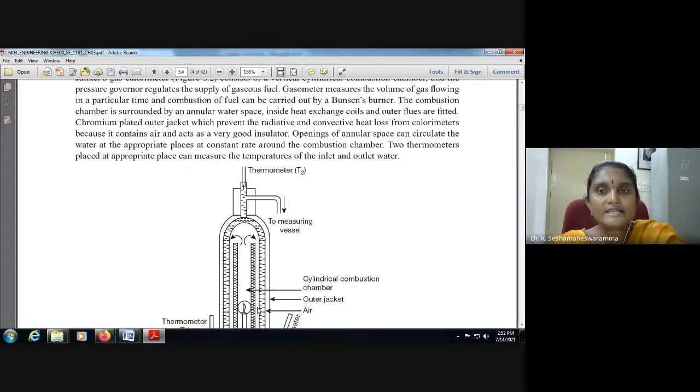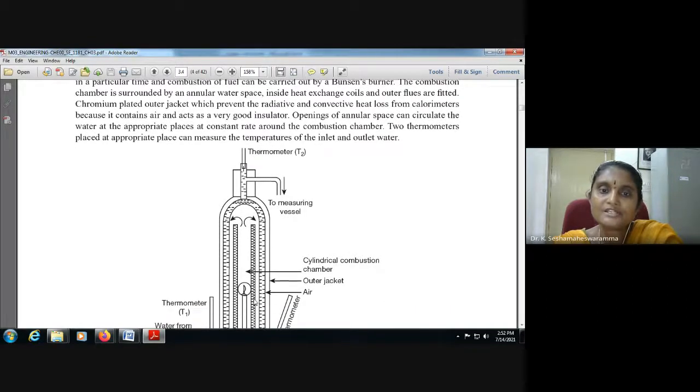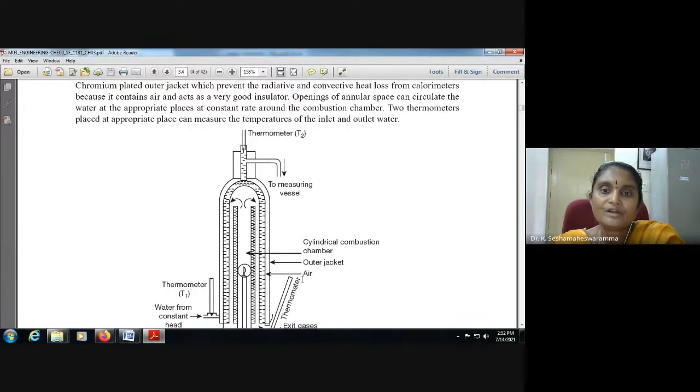Inside, heat exchange coils and outer flues are fitted. There is a chromium plated outer jacket, which prevents radiative and convective heat loss from the calorimeter.